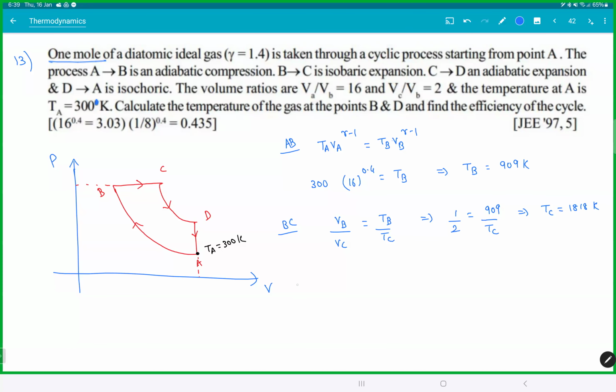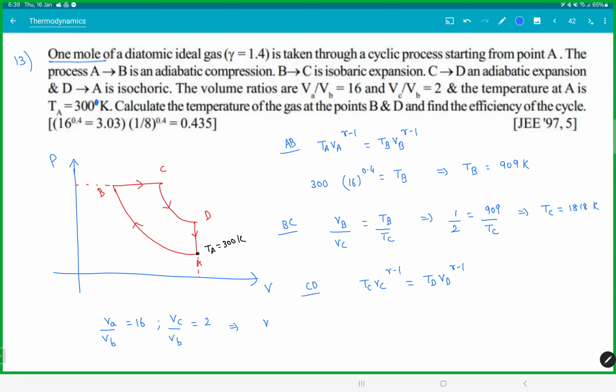Now when you go from C to D, that is also an adiabatic process. TC VC to the power gamma minus 1 is TD VD to the power gamma minus 1. Now I have two things there. VA by VB is 16. VC by VB is 2.